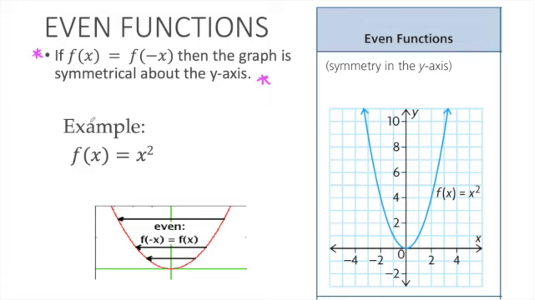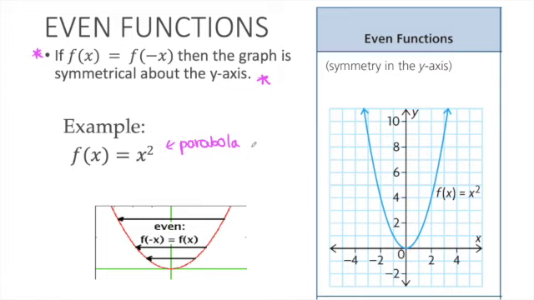So an example, f of x equals x squared is even, because if you put in 1 squared or negative 1 squared, you get the exact same answers for y, creating that symmetry about the y-axis. So an example is just a basic parabola, y equals x squared, to give you an even function that is symmetrical.